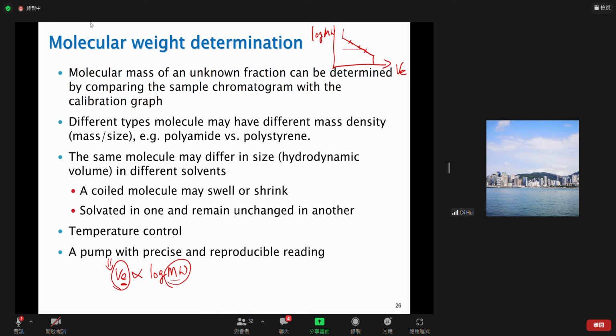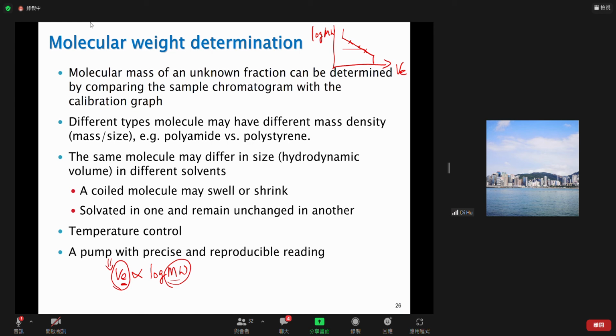So you want the pump to be quite precise, and then you have a more accurate and more reproducible reading of VE, and then you can have a more accurate measurement of the molecular weight. So that's the reason for that. Understand now? Okay.